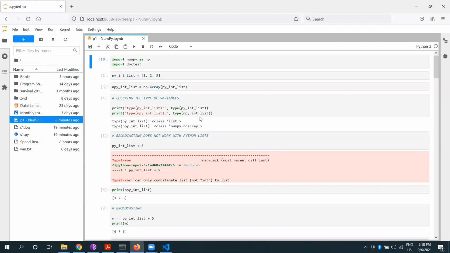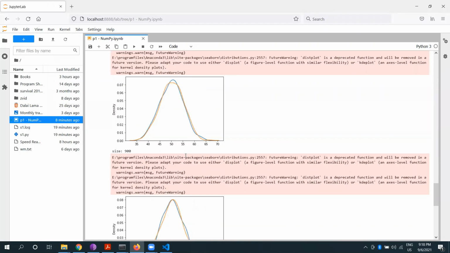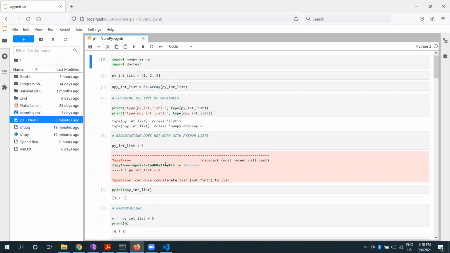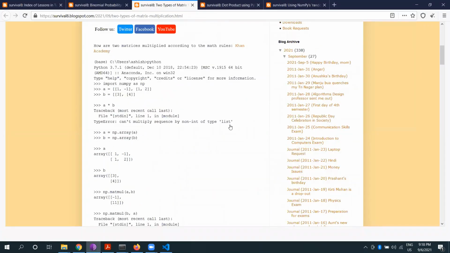So NumPy, I didn't prepare a presentation as such, but this is some code that I have written to take you through, and we have some web pages also that I have with me.